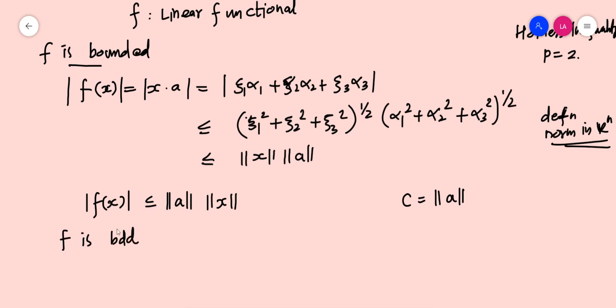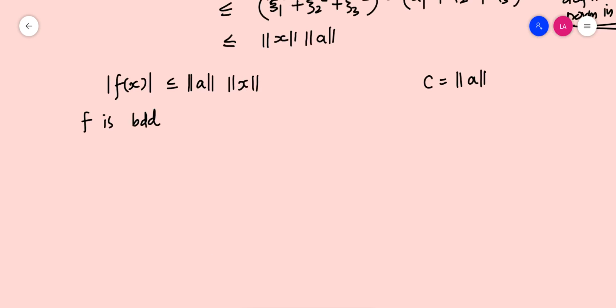Also, if we move norm x onto the left hand side, we can rewrite this as modulus of f of x by norm x is less than or equal to norm a for all x in the domain of f.